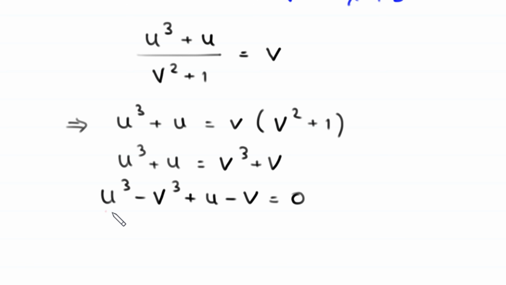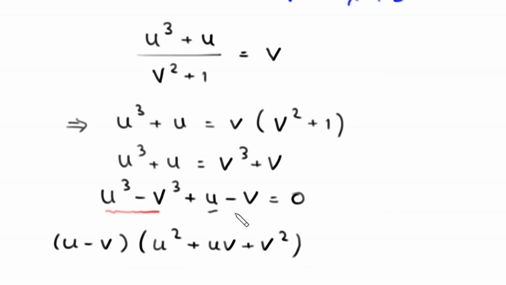This u cubed minus v cubed can be factorized as u minus v times u squared plus u times v plus v squared, and from these two terms we can factor out plus 1, in bracket u minus v, equal to 0.